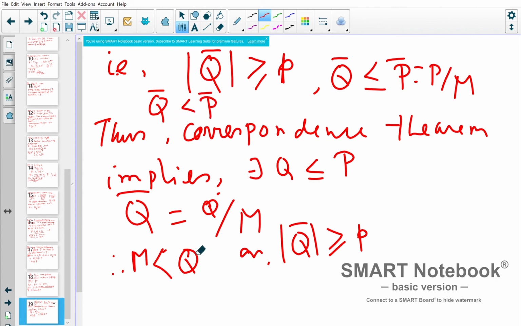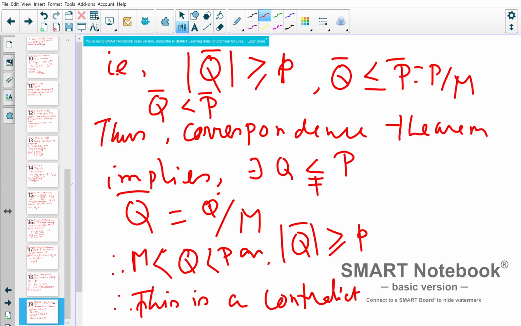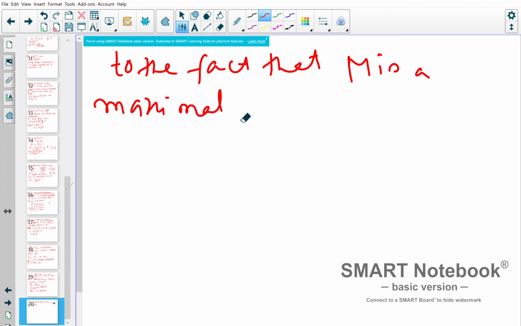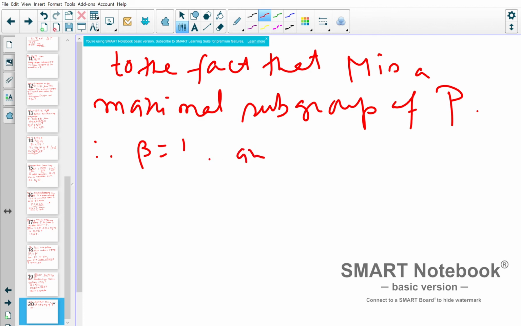So Q is a proper subgroup of P; Q cannot be the full group, so this is inside P. Thus this is a contradiction to the fact that M is a maximal subgroup of P. So that means beta equal to 1.